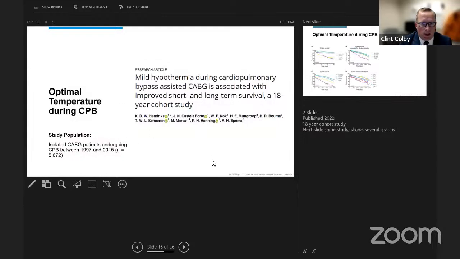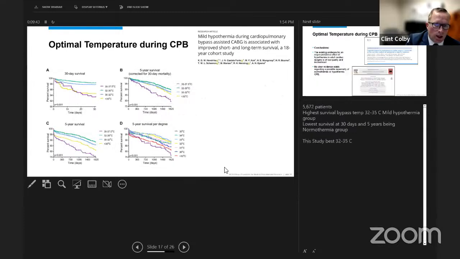Mild hypothermia during cardiopulmonary bypass assisted CABG. This is that 18-year cohort study again, and it was published in 2022. And here's some interesting graphs that show the differing survival rates for the differing groups.